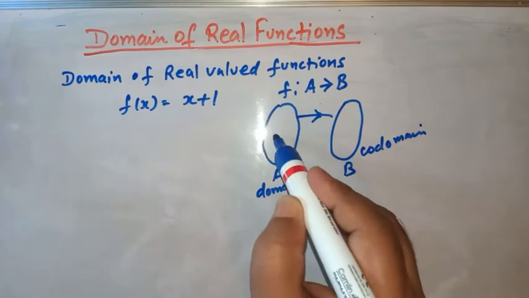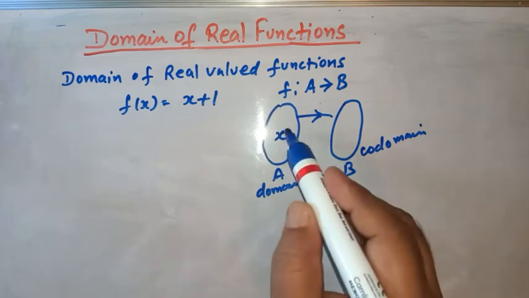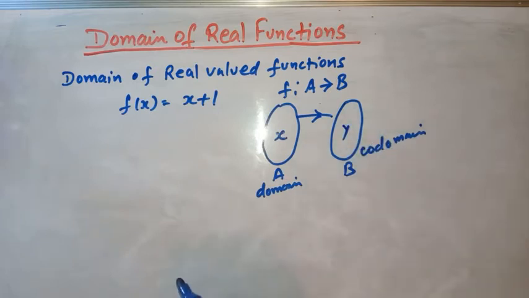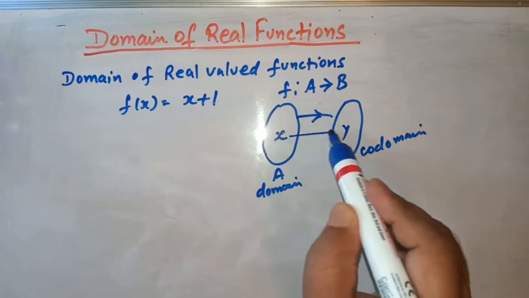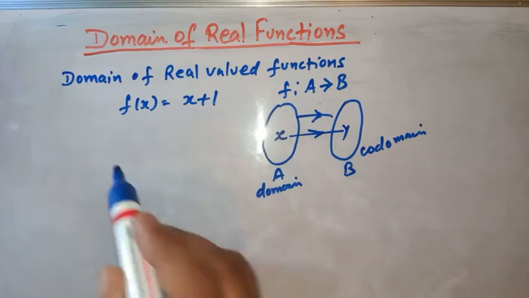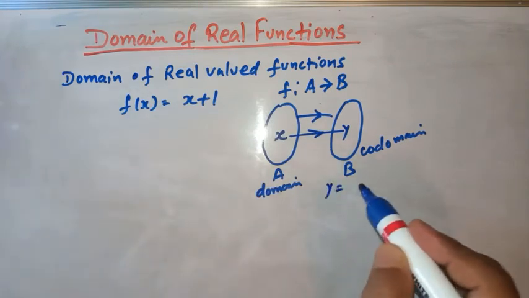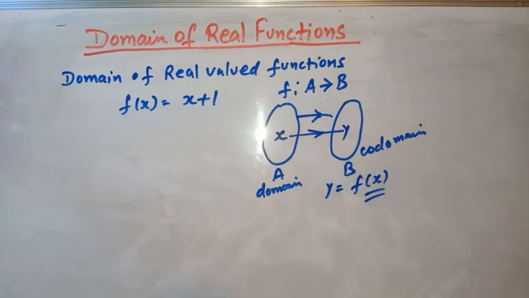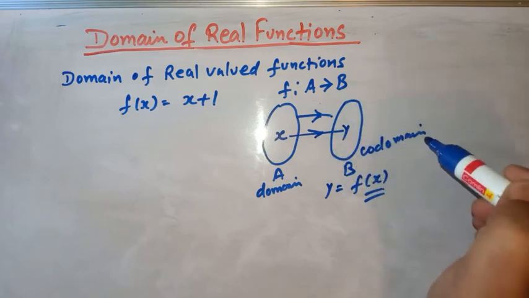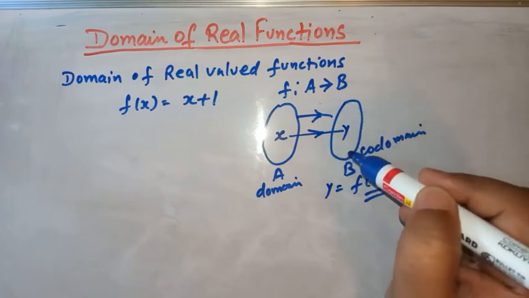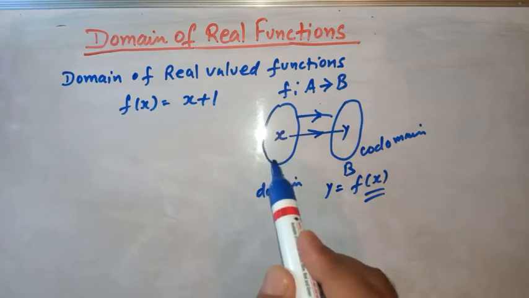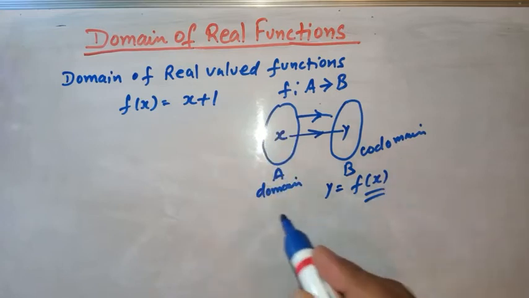Now suppose we have an element x in set A and the corresponding element y in set B, and if y is the image of x, then we write it as y is equal to f(x). Clear? So this set A is called domain, this entire set B is called codomain, and all those elements of set B which are images of the elements of set A constitute the range.